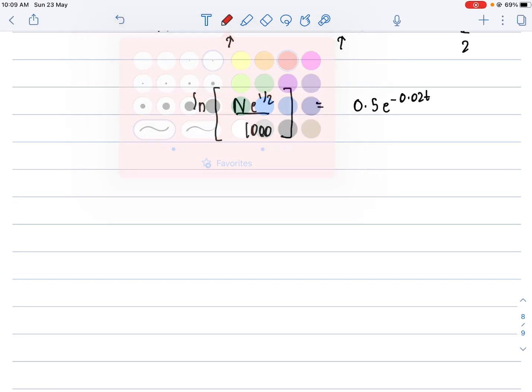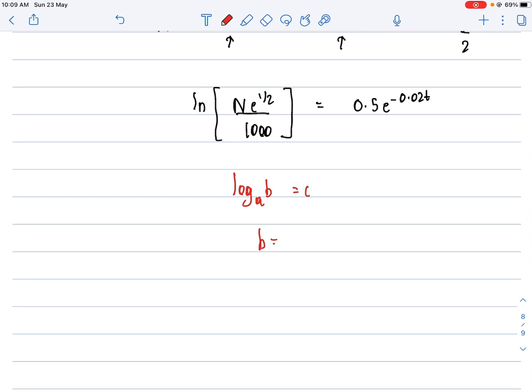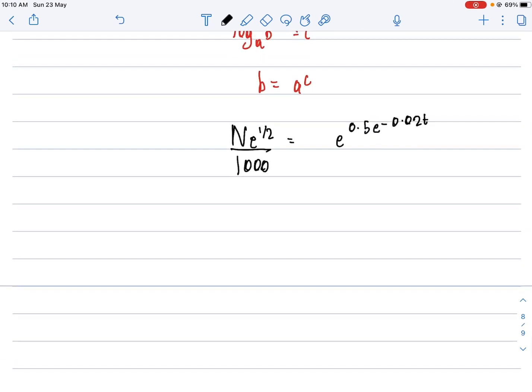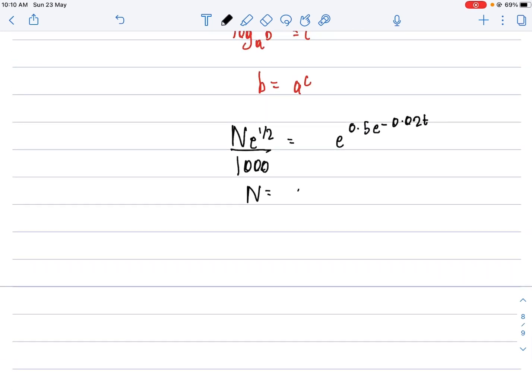Another log property I know is that log b with the base a equals c can be written as b equals a raised to c. I know the base of ln is e. So N e raised to half over 1000 equals e raised to 0.5 into e raised to minus 0.02t. This is what I can write. So my N is basically e raised to 0.5 into e raised to minus 0.02t, with 1000 here over e raised to half.